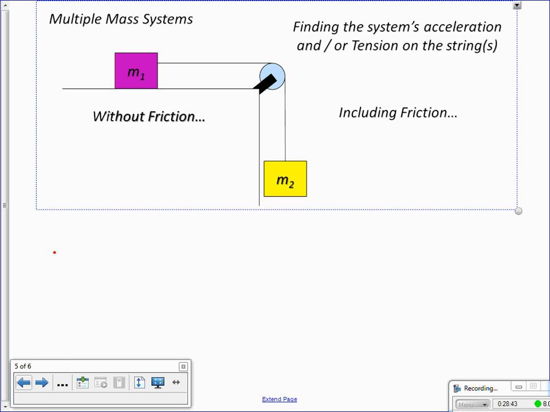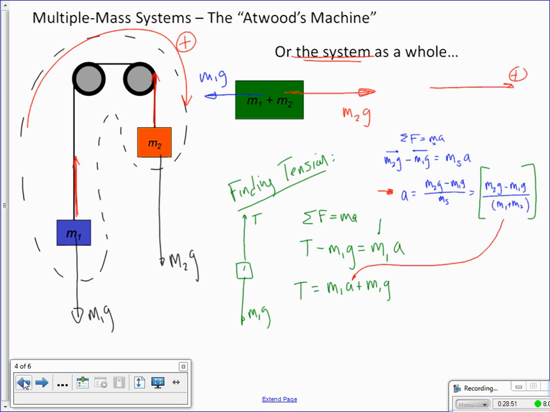So next time we'll do this one together, and then we're going to look at an Atwood's system and use it to do something of value. Next, we'll do a little experiment with an Atwood's machine. Okay, people? Okay. Adios.